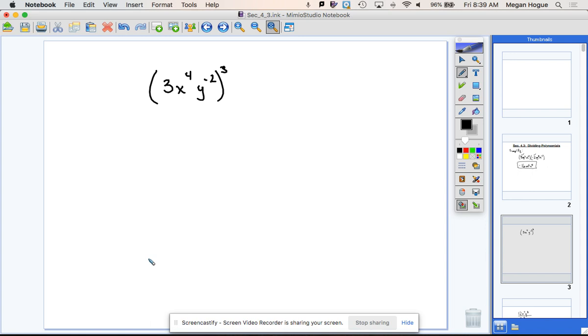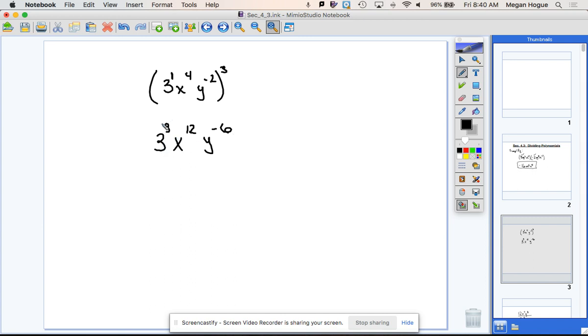Justin, what do you want to do first on this one? Good. And remember, this is the one little part we struggle with at first, is that 3 does have an exponent of 1. So it's 3 to the third, not 3 times 3, 3 to the third, x to the 12th, y to the negative 6th.